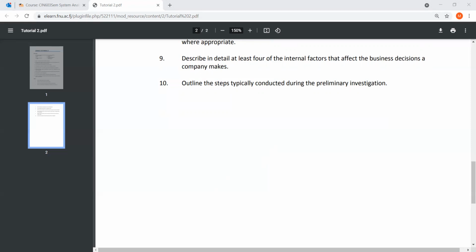Step 1, understand the problem or opportunity. Step 2, define the project scope and constraints.